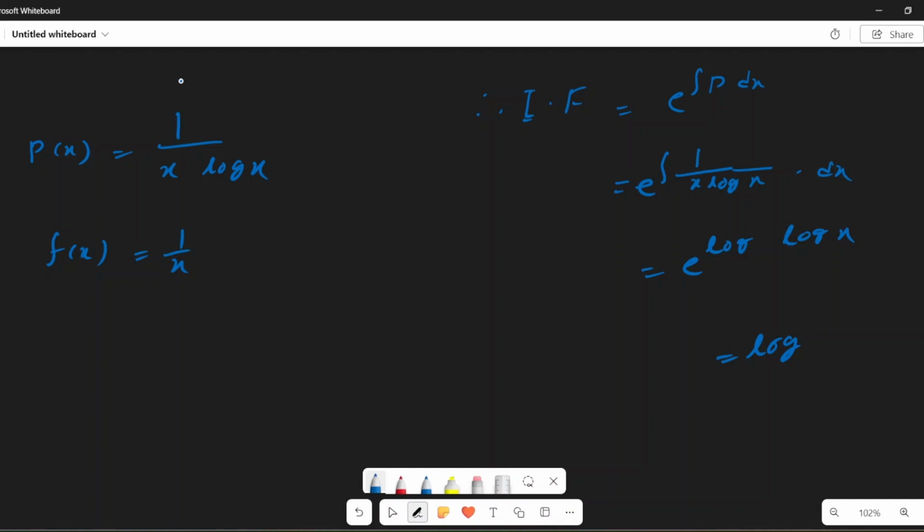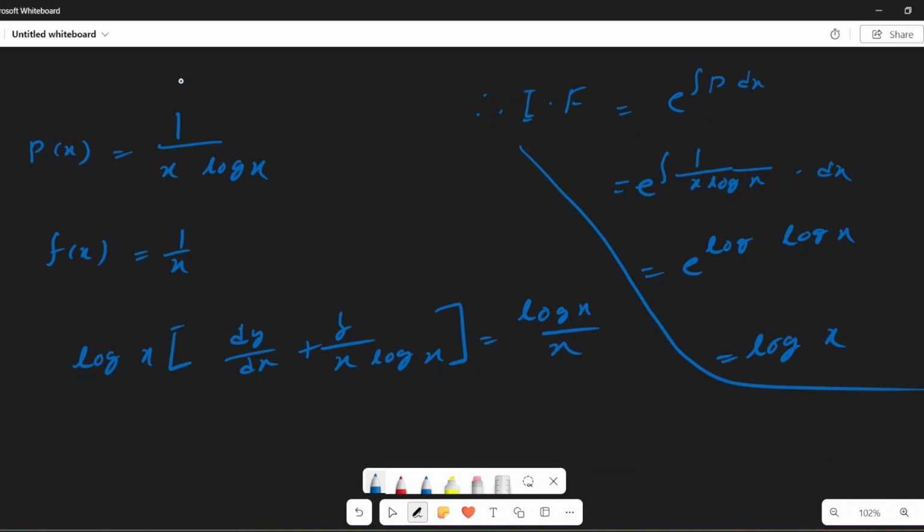So how do we solve it now? We got our integrating factor log x, so multiply both sides of that equation with the integrating factor. Then that means log x into dy/dx plus y by x log x is equal to log x by x.